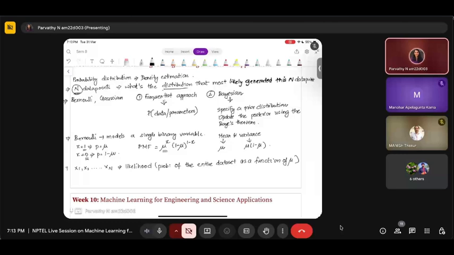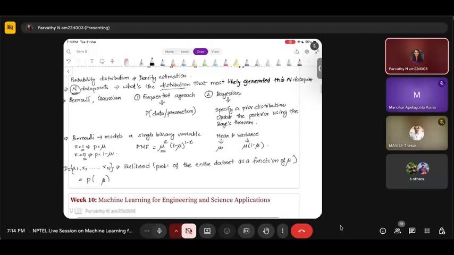So this is the data set D. This is given by the likelihood function, which is the product of the probabilities.